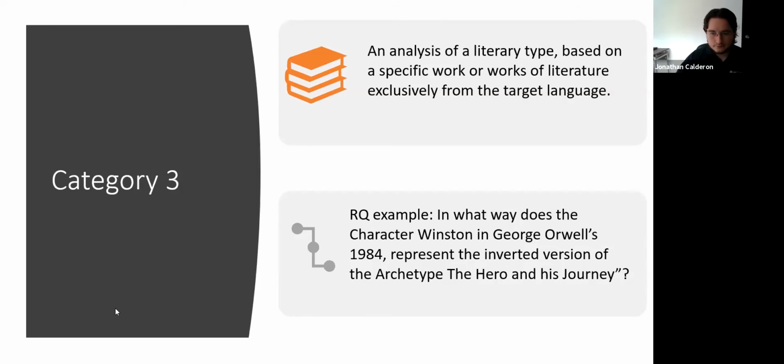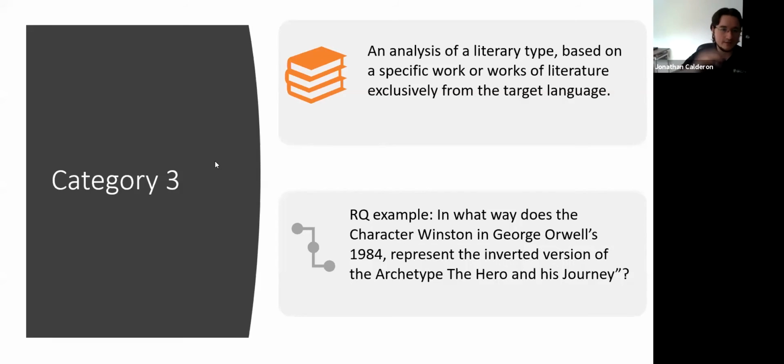We have here the example. In what way does the character Winston in George Orwell's 1984 represent the inverted version of the archetype, the hero and his journey? Okay, so 1984 is a novel that could be analyzed from a socio-cultural perspective. However, the focus of this research question is going to be completely literary.